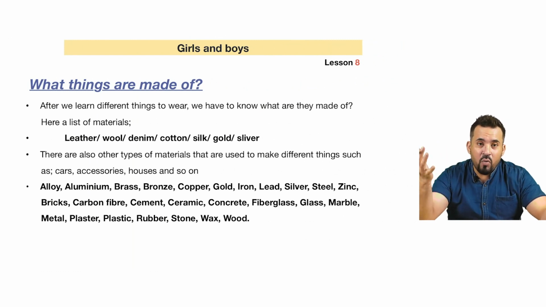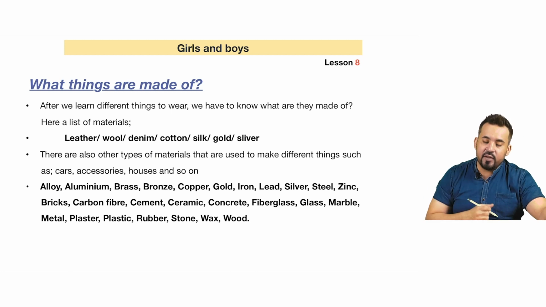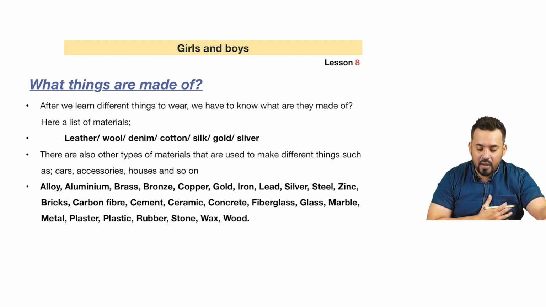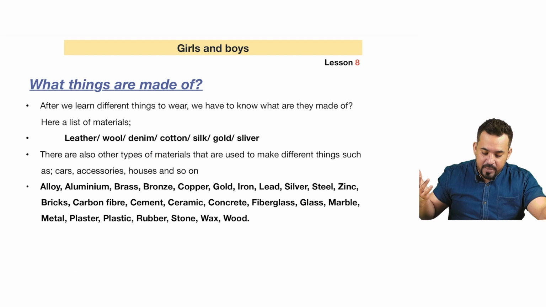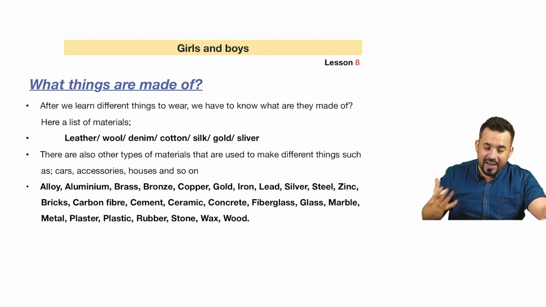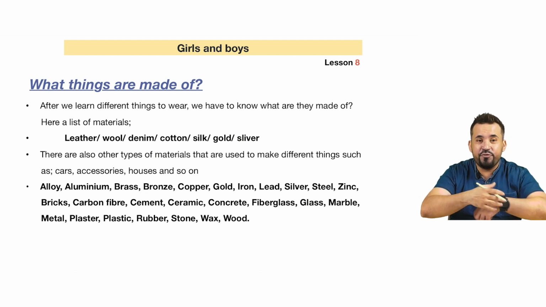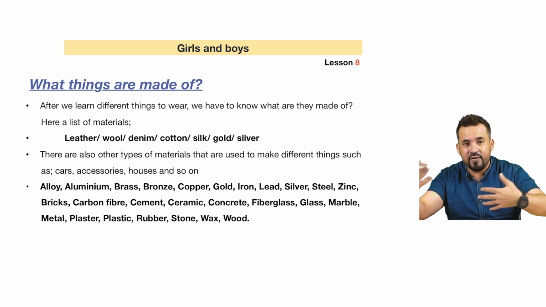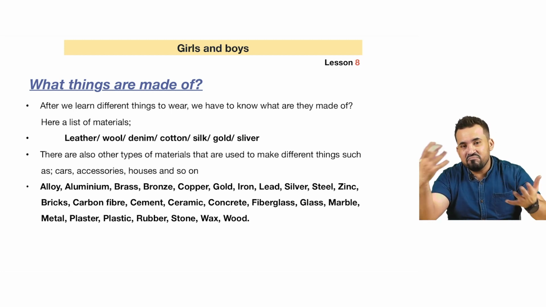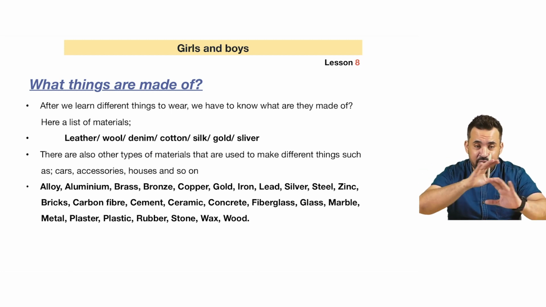Okay, now what are things made out of? Things are made of leather, wool, denim, cotton, silk, gold, and silver. Okay, so let's take a look. These are materials, leather. There is an artificial leather that kind of resembles plastic a little. And then you have the real leather that comes from animals, which we're completely against.